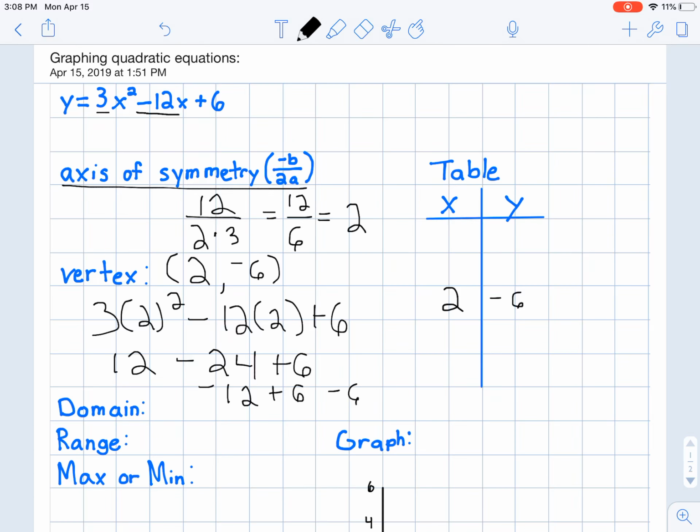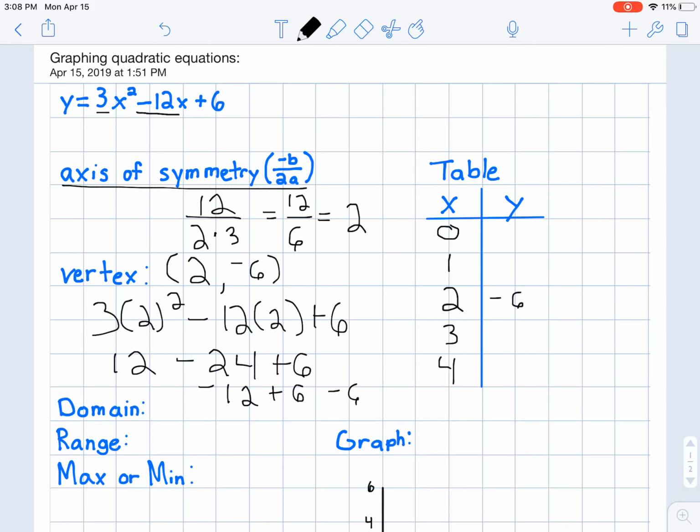So I'm going to choose points around here: a 1 and a 0, and then on the other side of my 2, a 3 and a 4. The very nice thing is if I find my 0 and my 1, I don't have to do the work for my 3 and my 4, because it's a reflected point and it's going to be the exact same answer as what I get from my other ones.